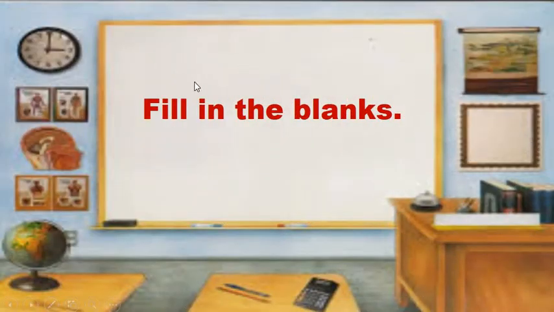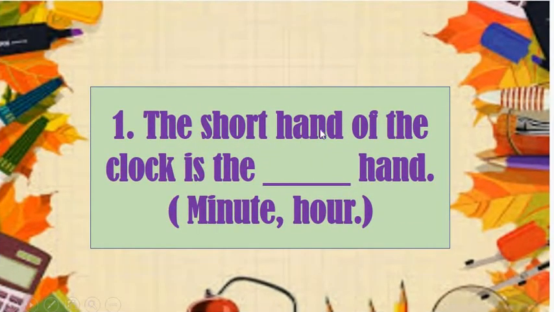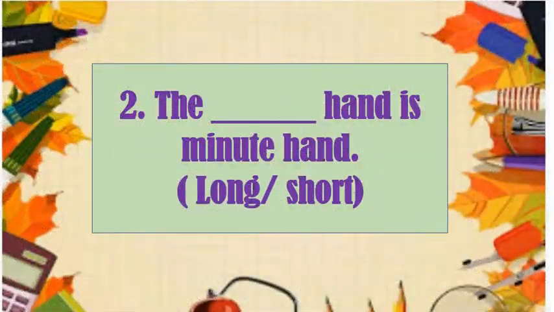Fill in the blanks. The short hand of the clock is the hour hand. The dash hand is the minute hand. The answer is long. The long hand is the minute hand.